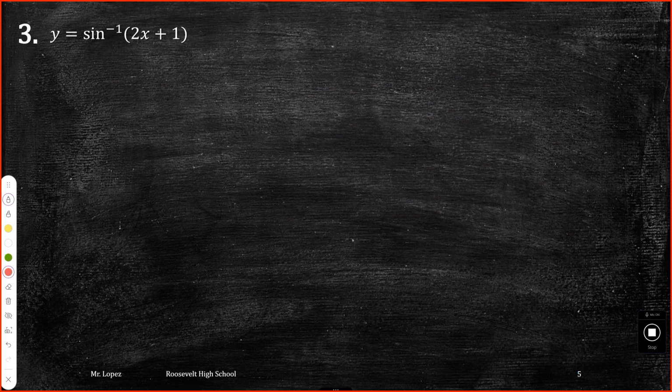Number 3. This also is a chain rule, but we can just do it quickly. F is the outer, would be sine inverse, and the inner would be 2x plus 1.